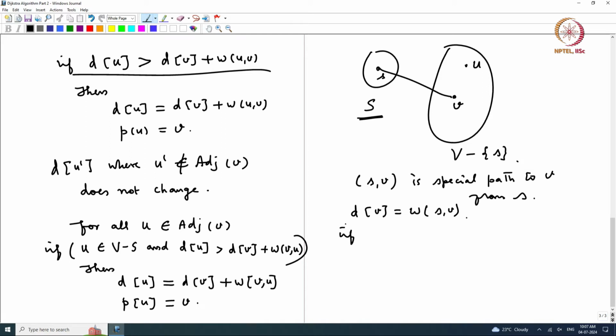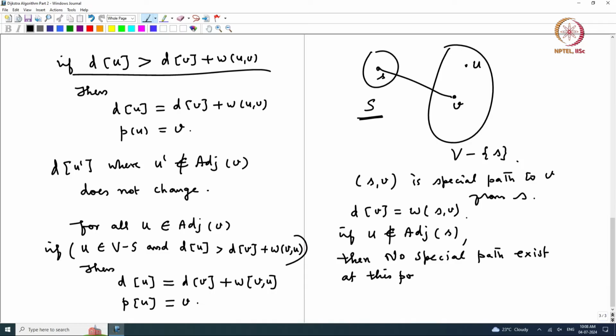If u does not belong to adjacency of s, then no special path exists at this point from s, because s has no other vertices. Therefore, special path means it should be an edge. When a special path does not exist, we always set infinity.